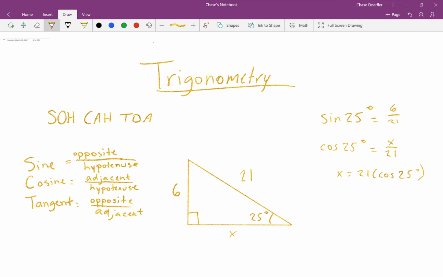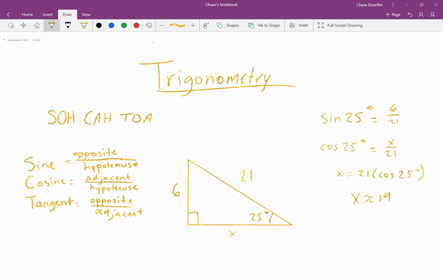I'm actually going to be using the calculator for this because it is a trigonometric function. 21 times cosine 25 is going to be approximately 19.